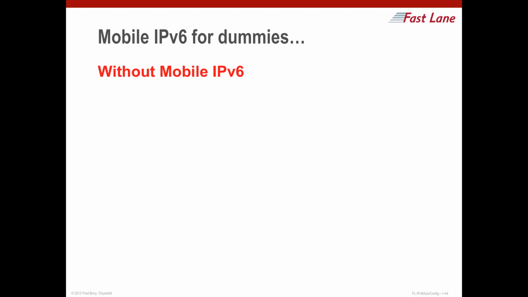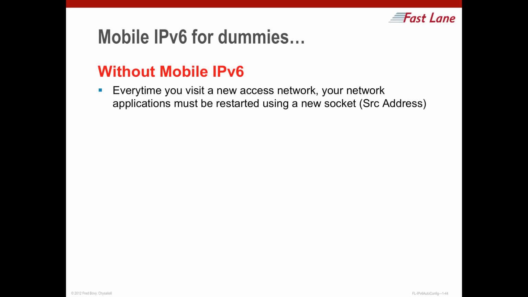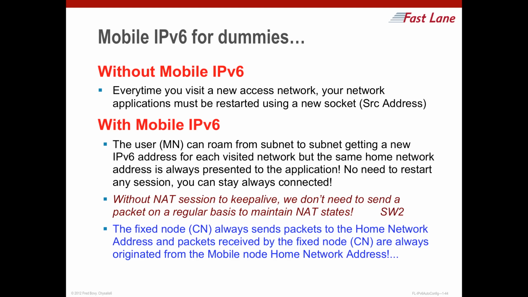Basically, without mobile IPv6, every time you visit a new access network, your applications must be restarted because you got a new socket with a new source address. So the transport layer is no longer valid and the applications must be restarted.